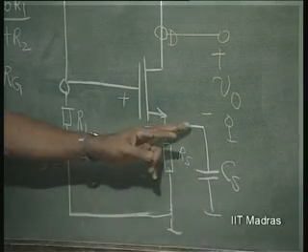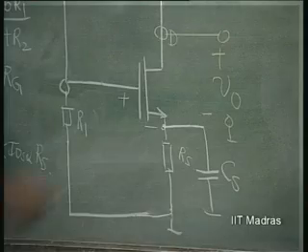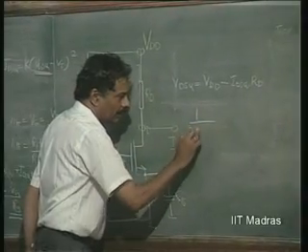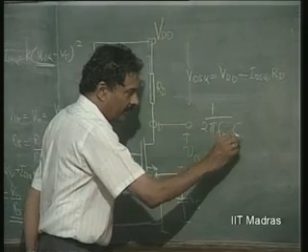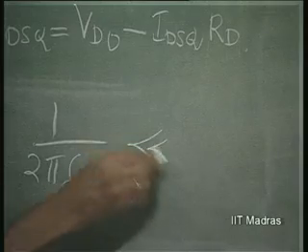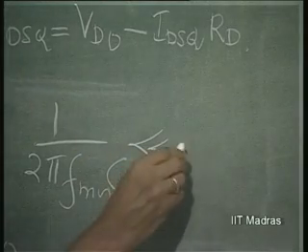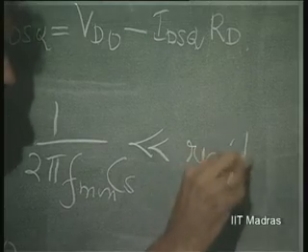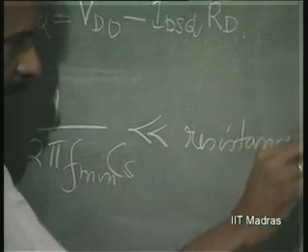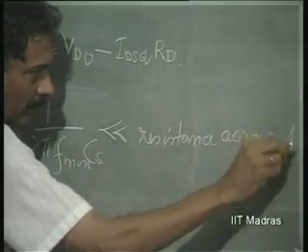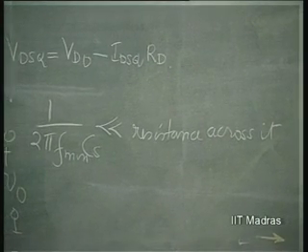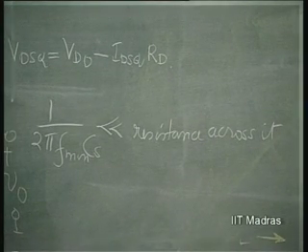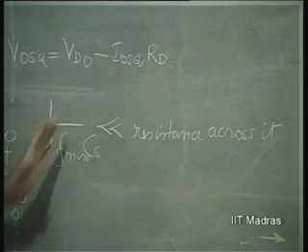So, it should appear as a short circuit at the minimum frequency of interest of the amplifier. The reactance of this should be much less than the resistance across it. That part of it we will see later. What should be the resistance across this, etc.